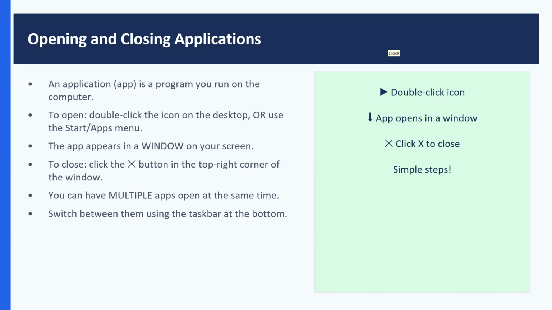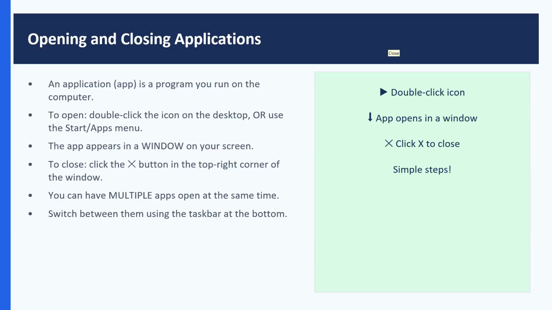And then to close it, you click the X button in the top right corner, and if the application already saves, it will exit out. But if it says that this cannot be saved, there will be a pop-up where you should save your work then. And then you can have multiple apps open at the same time by minimizing your windows and opening another application.